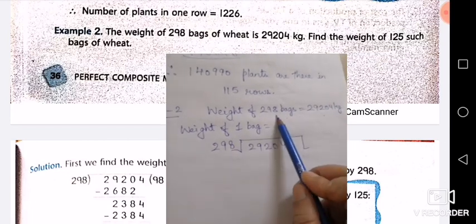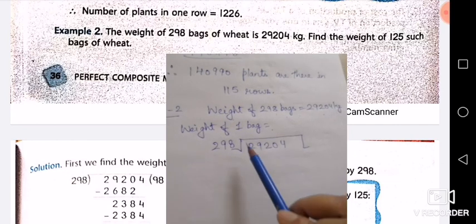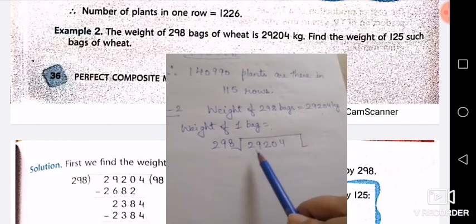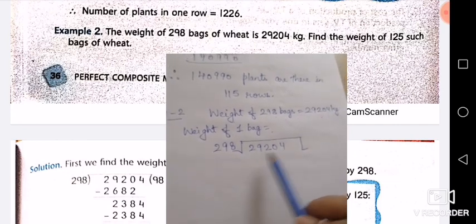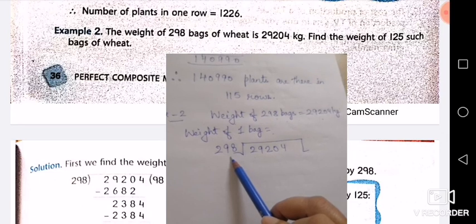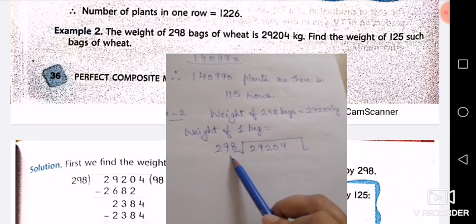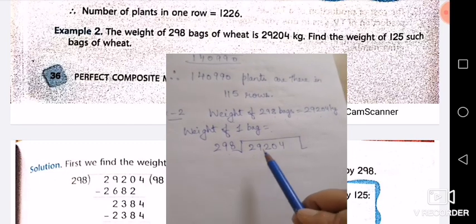So, here the concept of many and one is there. So, here you will write 29,204, that is going to be divided by 298. So, let us start the division now.